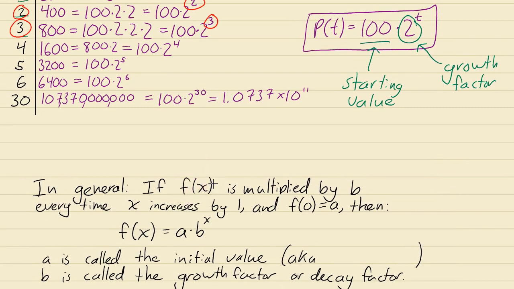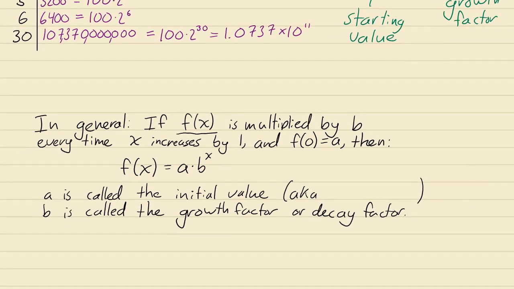If you have any old function f of x, and the output of the function, that's what I mean by f of x is output, so the output gets multiplied by b every time x increases by 1. That was happening here. These p of t, the output values, are getting multiplied by 2 every time t increases by 1. Then, if f of 0 equals a, in our case the a is 100, then you can write a formula of this form that will make it happen. f of x equals a times b to the power x.